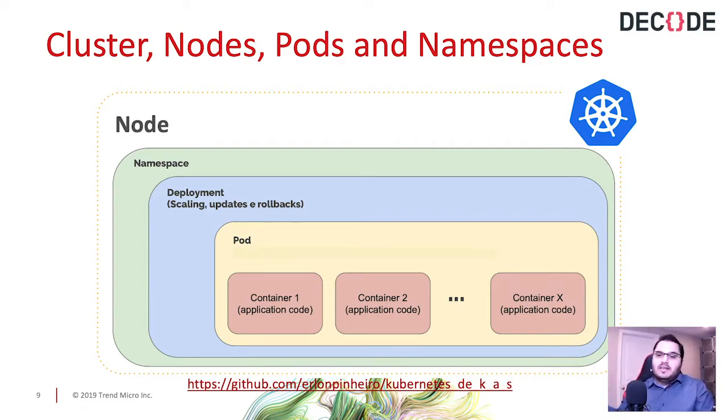So you can have a sidecar container collecting log data from that other container, and you can have even more. It doesn't matter, but a pod is the smallest unit that you can have on Kubernetes, right? You cannot create a container without a pod.